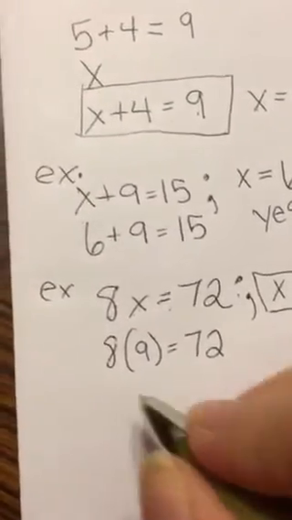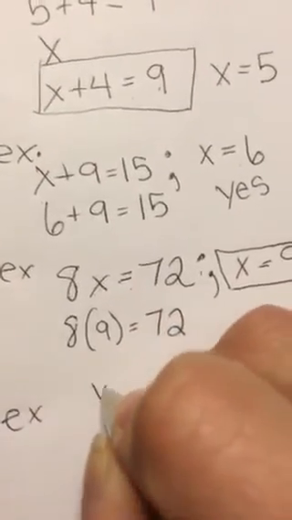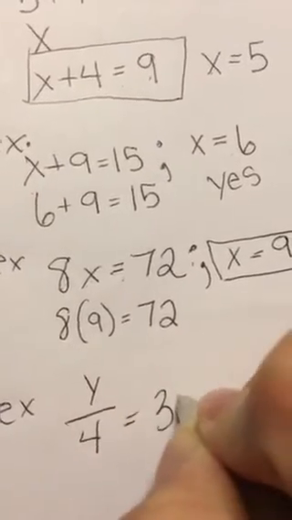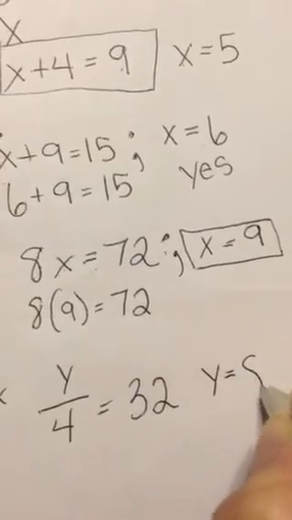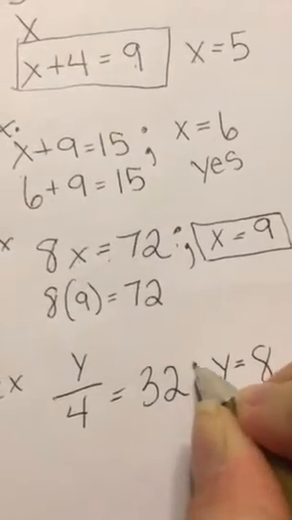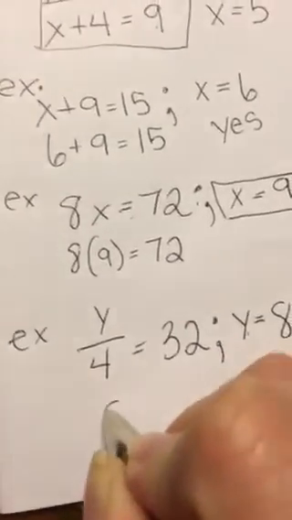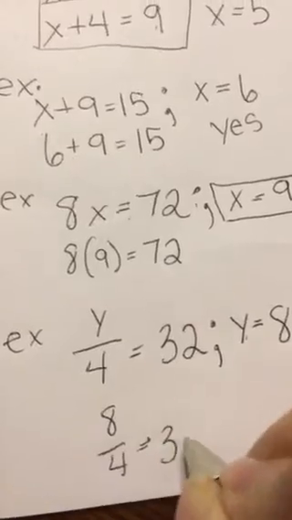Let's do one more example. Let's say y over 4 equals 32. We'll say y equals 8. Let's plug in 8 for y. 8 over 4 equals 32.